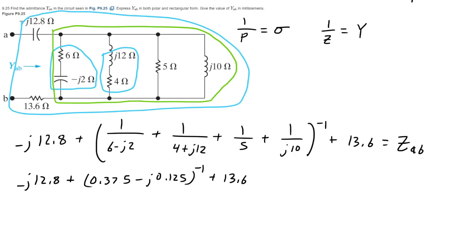Now, you take the reciprocal of this, we're going to get 2.4 plus j0.8.